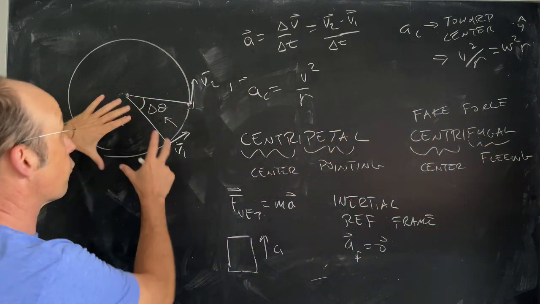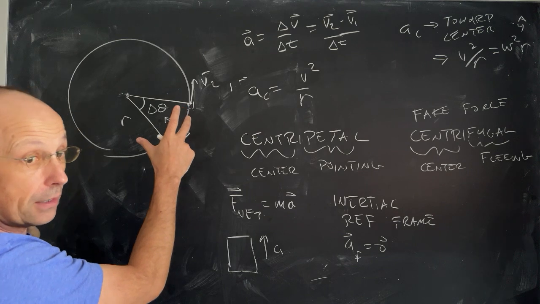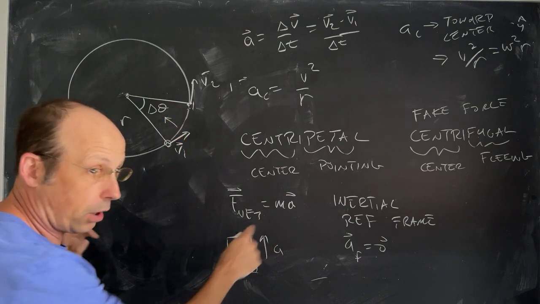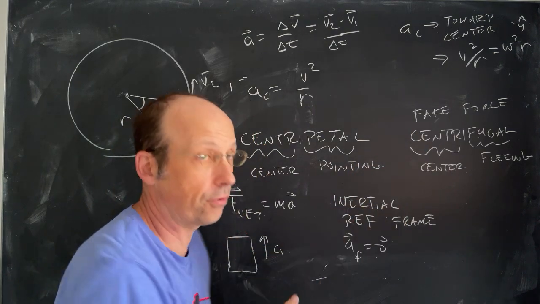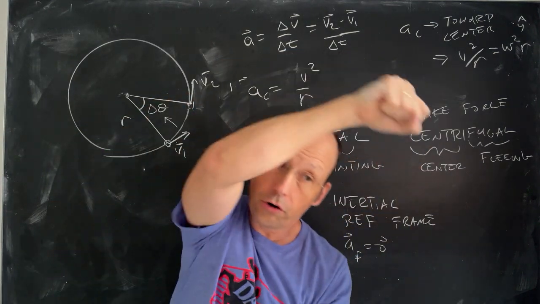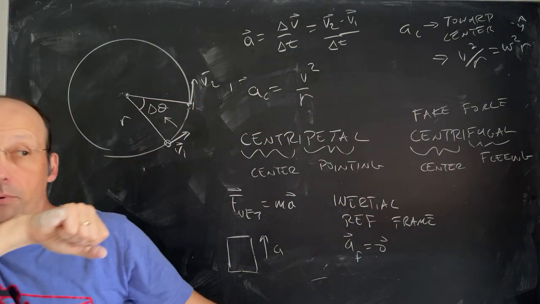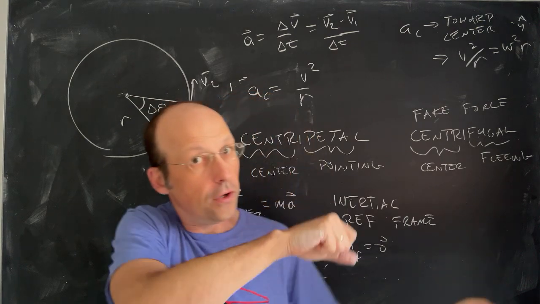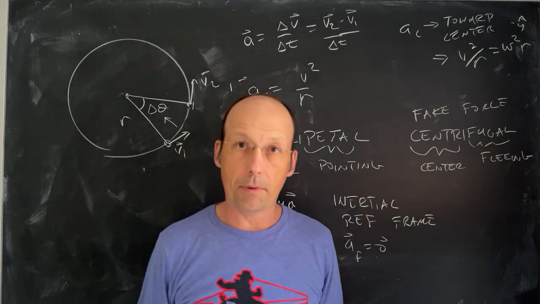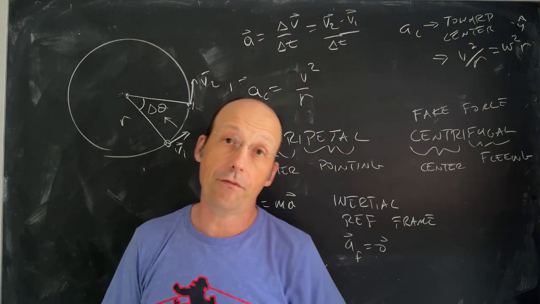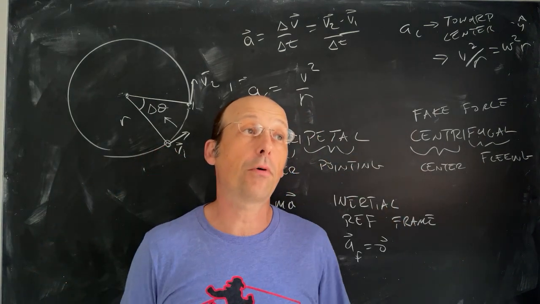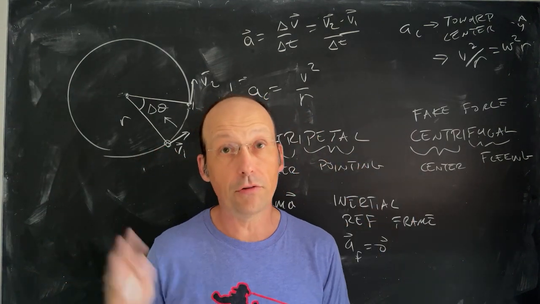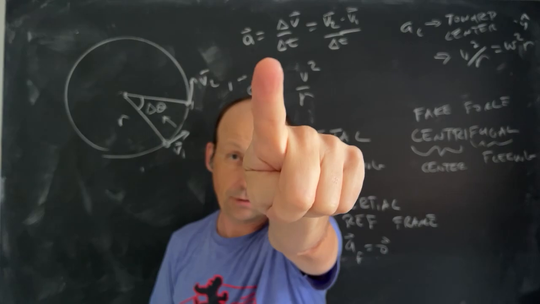If you're in a rotating reference frame, then in order to make this work, you have to add in a fake force that pushes away from the center of the circle. So if you're in your car and you turn to the left, you feel like you're getting pushed to the right. You're not, but you feel that way because your reference frame of the car is accelerating and you add that fake force in there. So sometimes they can be very useful, but for the most part, they're dangerous because people try to use them when they shouldn't be using them. That's a warning.